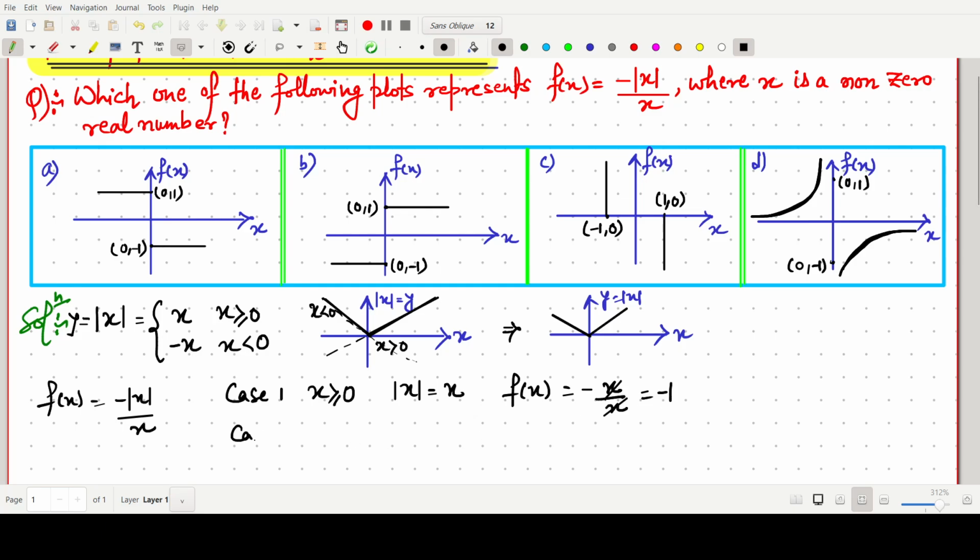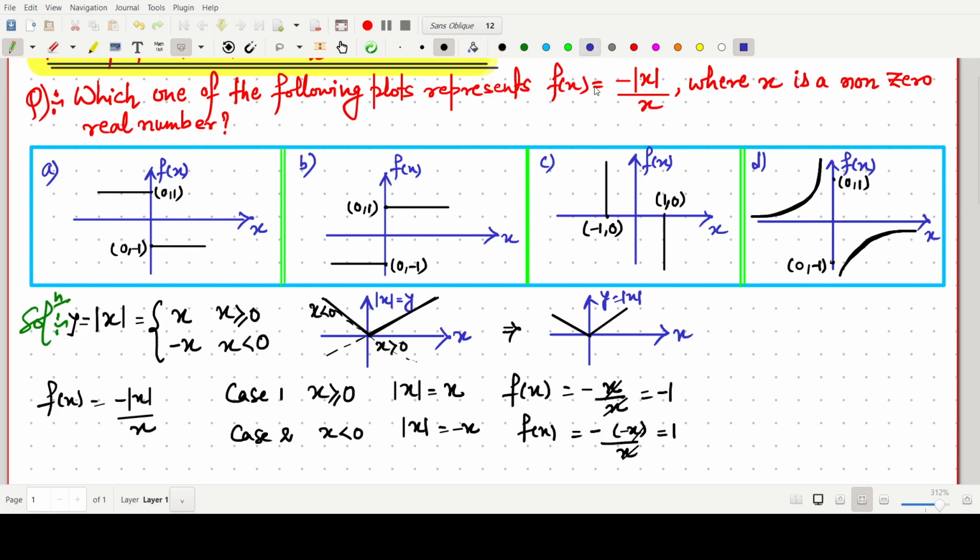Case 2, for x less than 0, mod x becomes minus x, so f(x) becomes minus of minus x by x. The minus minus becomes plus, so it cancels out, and f(x) is 1.